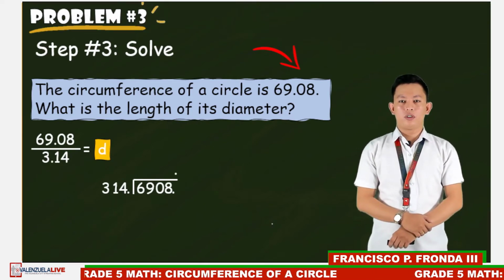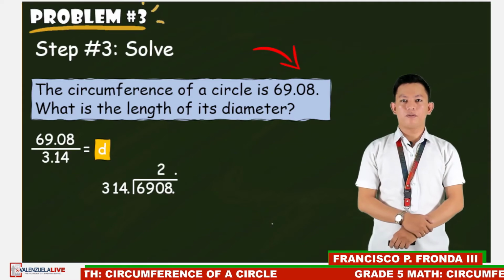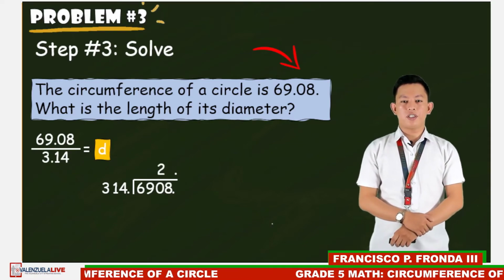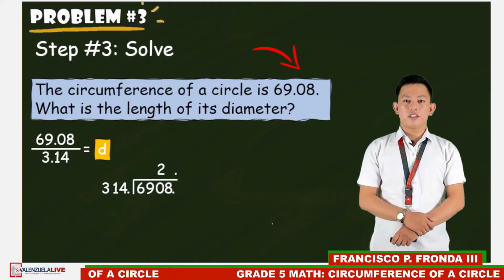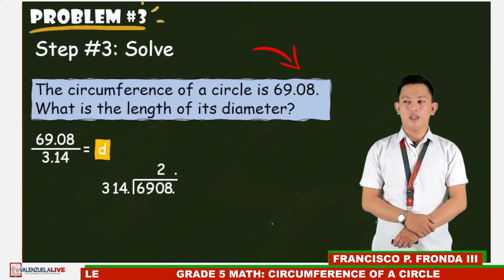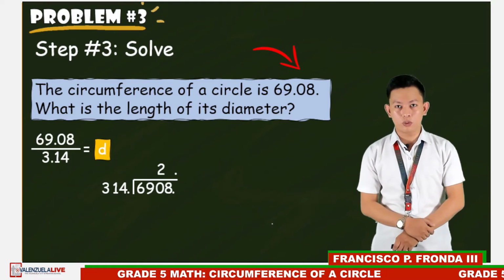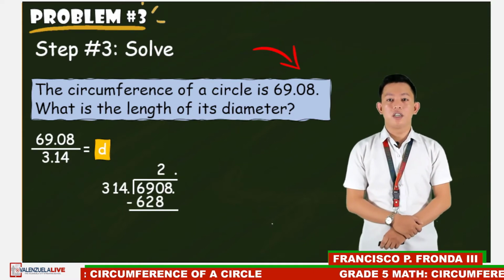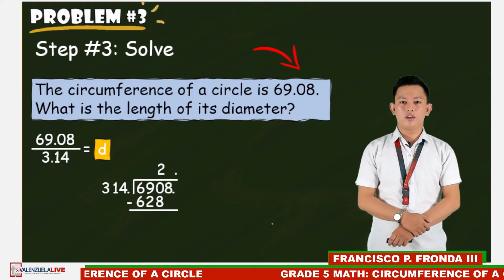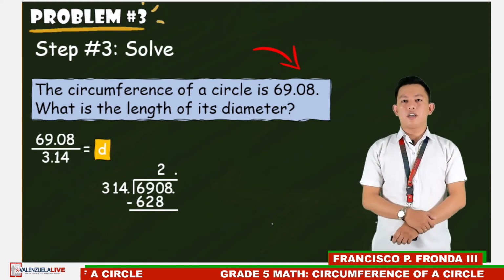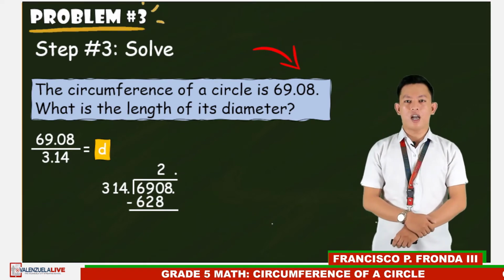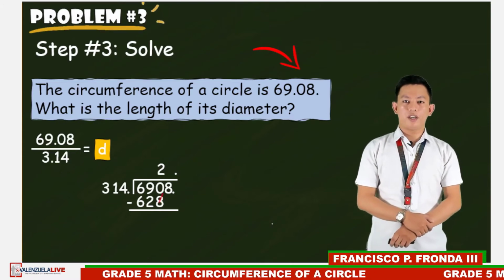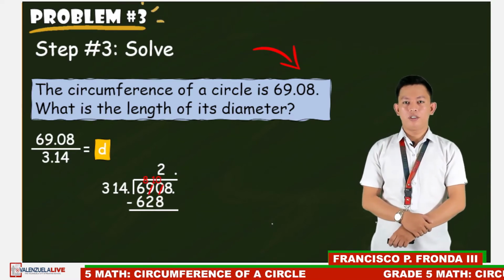Now, write the decimal point. Let's divide. 690 divided by 314 is equal to 2. Then 2 times 314 is 628. Subtract. 690 minus 628. The difference is this one.